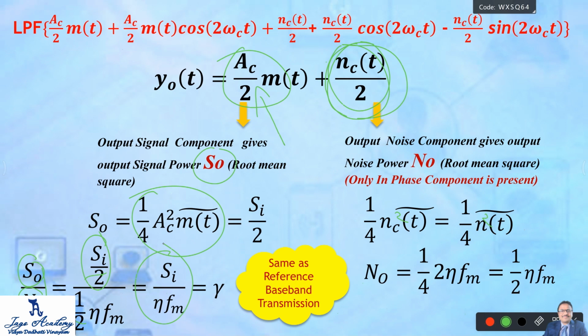Tomorrow's class I'm going to do it. Right? What about FM? FM is something we need to know. What is the effect of noise? We will compare it with the baseband system once again. We'll see whether it is equal, whether it is half of that, whether it is 2 times. We'll see all those things. That's what I have put in our entire data.